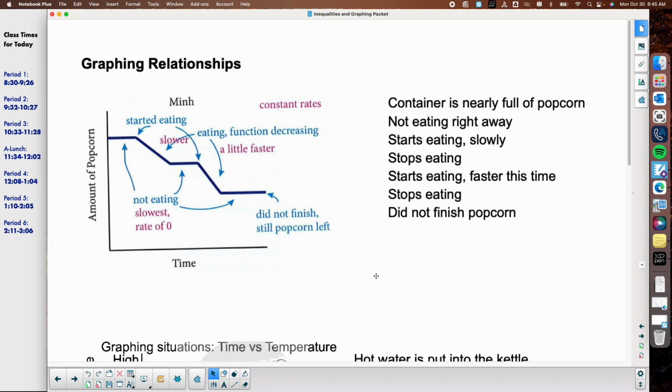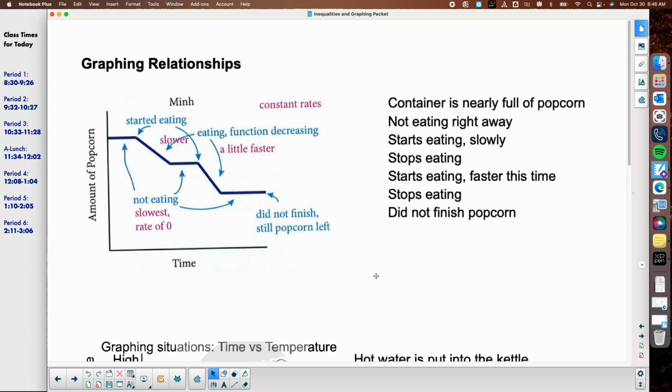So on the left-hand side, when time is 0, so like time is just beginning, the popcorn tub is full, which is why the line is at the top. Now the flat line means that nobody is eating anything for the first little bit, because the level of popcorn is still the same. And then as soon as somebody starts eating, it starts going down slowly.